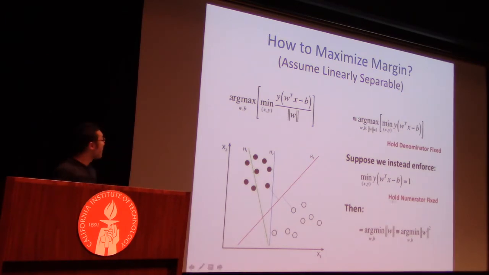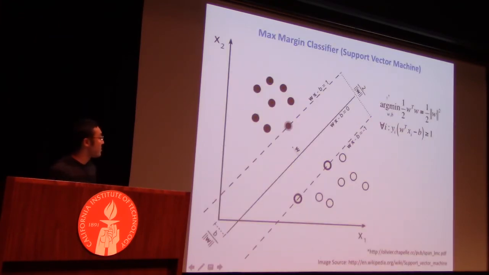And so if we believe that this is the right function to optimize, minimizing the norm of W subject to this constraint, then that leads us to this minimization problem. And here I simply added a 1/2 for mathematical convenience in terms of deriving derivatives and other things that people tend to do when they write out the SVM formulation.